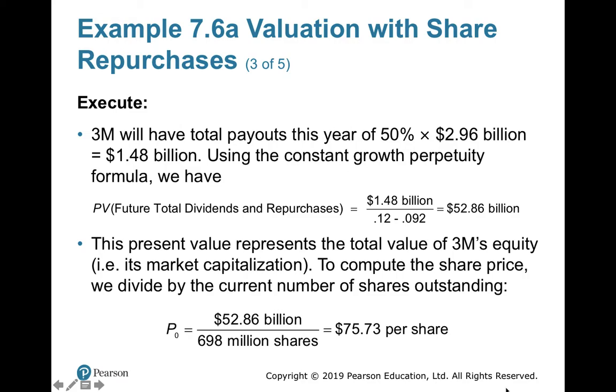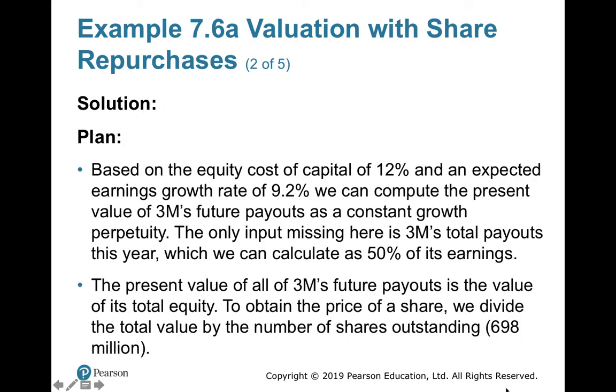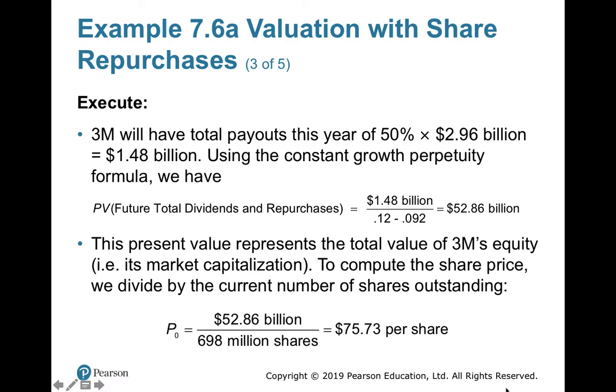So here the payout will be the same. The total earnings or net income, expected earnings, multiplied by 50% will be the payout. Total payout is now 1.48 billion. 2.96 multiplied by 50% is equal to 1.48, divided by R minus G. R is 12%, G is 9.2%, which is equal to 52.86 billion.